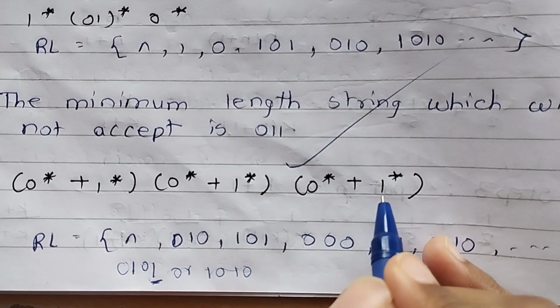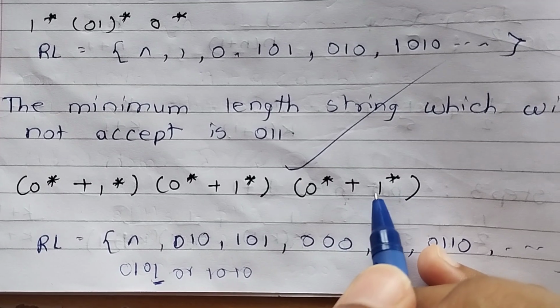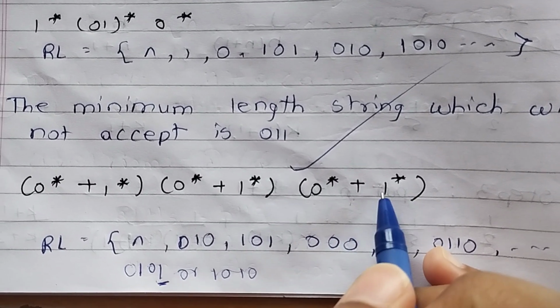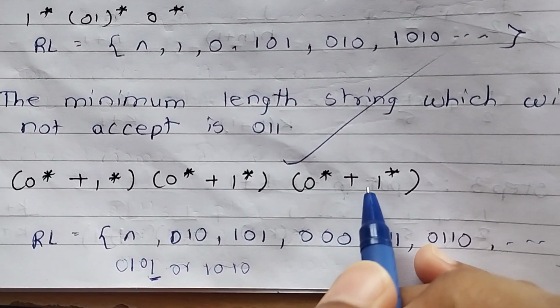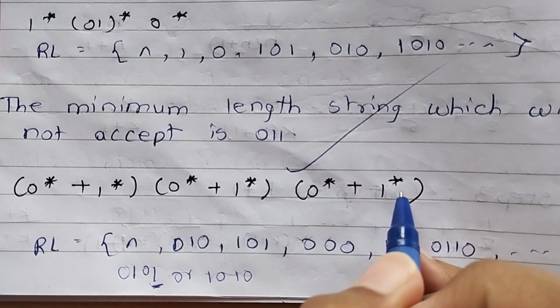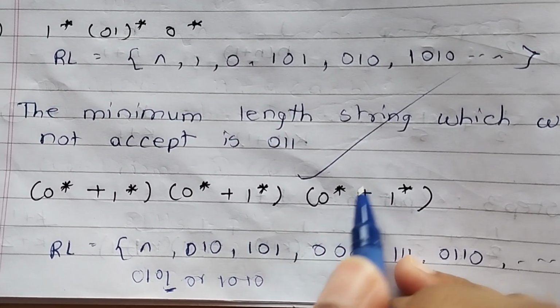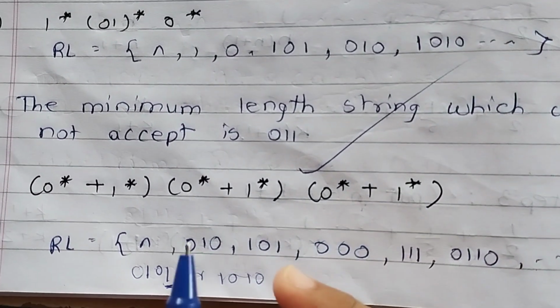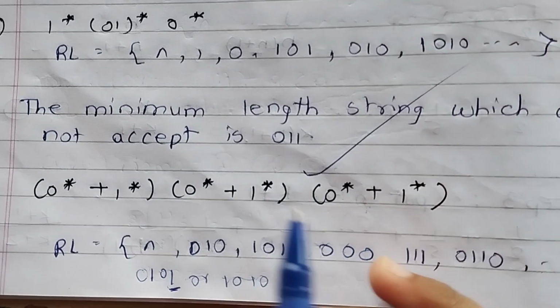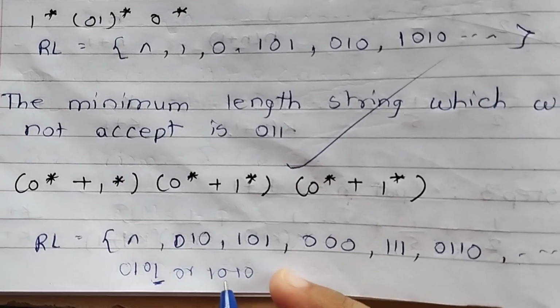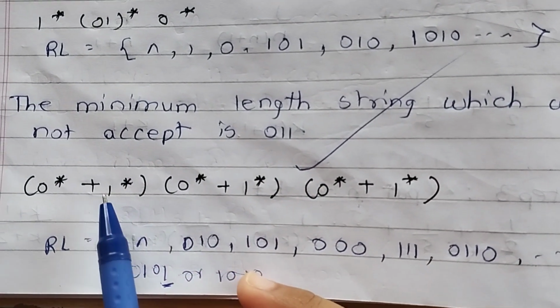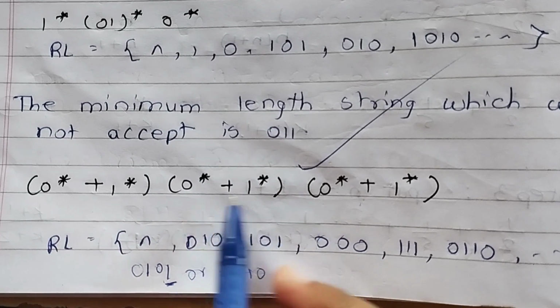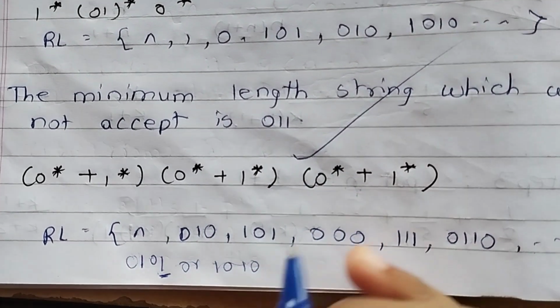Because if we say we take 1 from this bracket, but we already took 0, so we do not take 1 again from this bracket itself. So no. And the same for this: if we consider 1 from this, 0 from this and 1 from this, and then 0 comes.